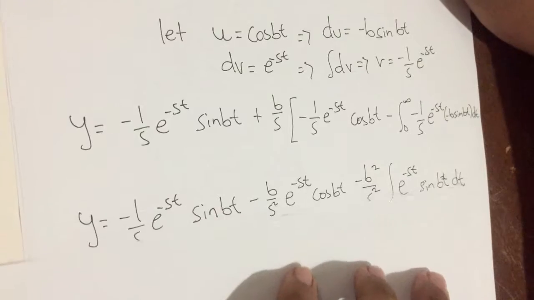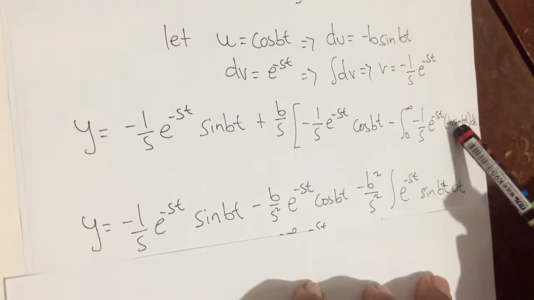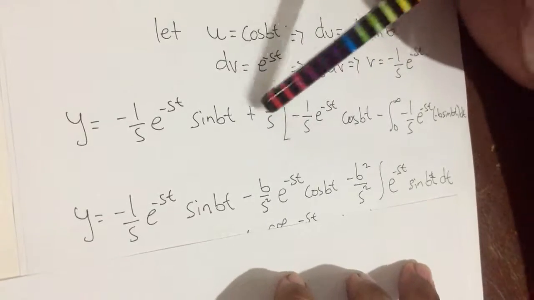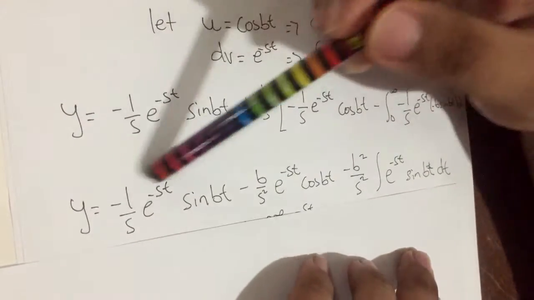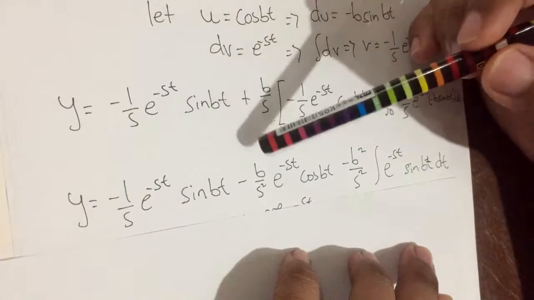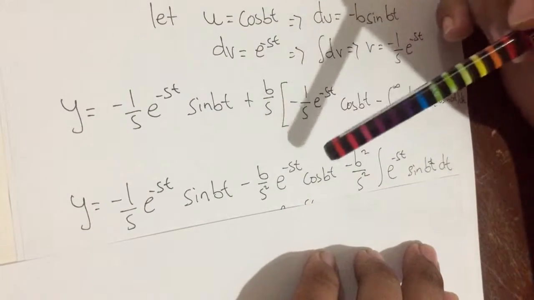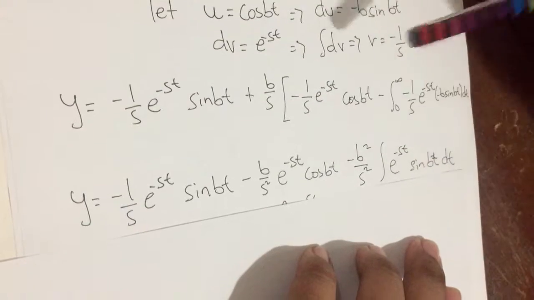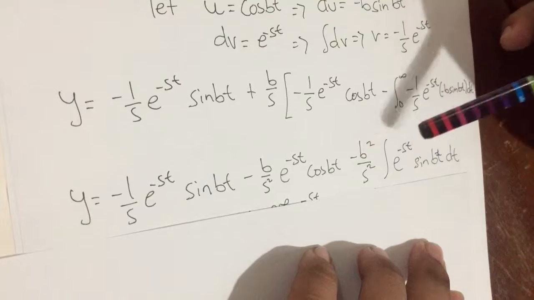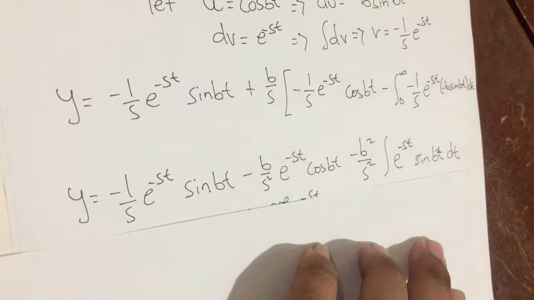Then we factor out this negative b over s and distribute this b over s to get this equation: negative 1 over s e to the negative st sine bt minus b over s squared e to the negative st cosine bt minus b squared over s squared times the integral of e to the negative st sine bt.